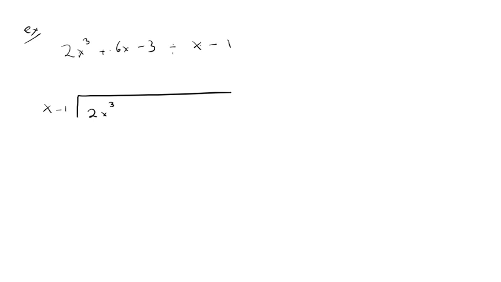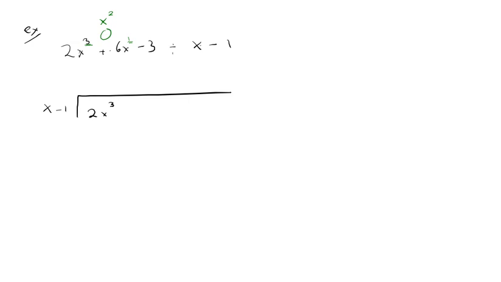In this equation, I am missing the x squared piece. I have the x cubed, I have x to the first power, but I don't have an x squared term.